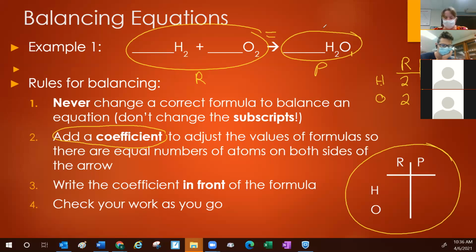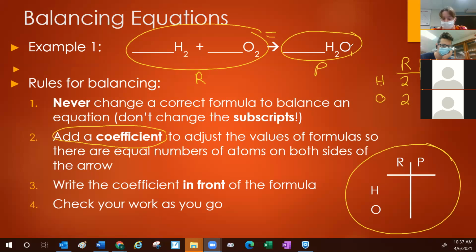What I mean by that is this chemical equation is already written and it is correct in terms of the way these formulas are written. I could not simply say, okay, I'm just going to change that subscript to a 2, and now look, they're equal. You cannot change your subscripts. That is not an option.